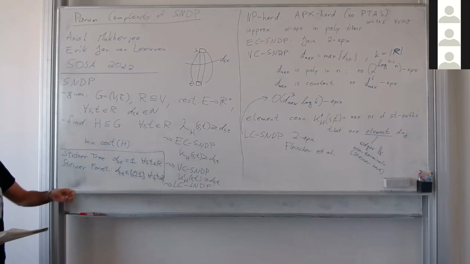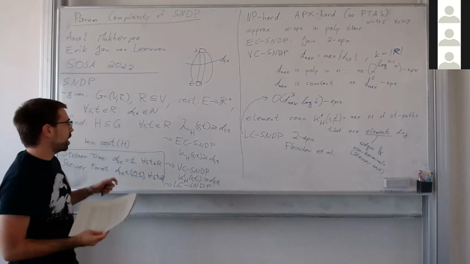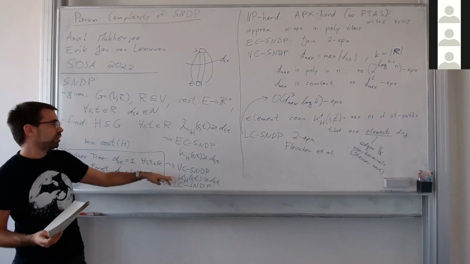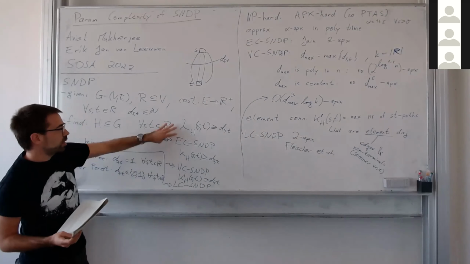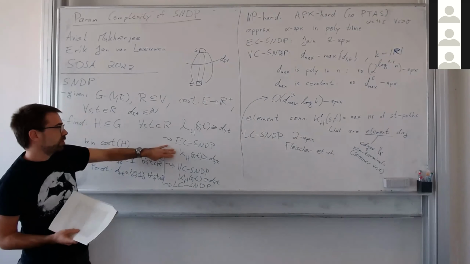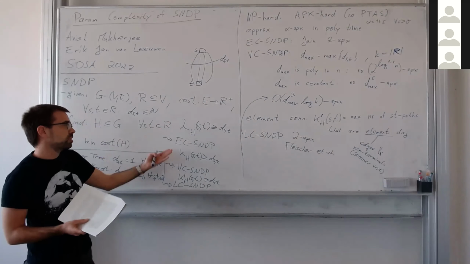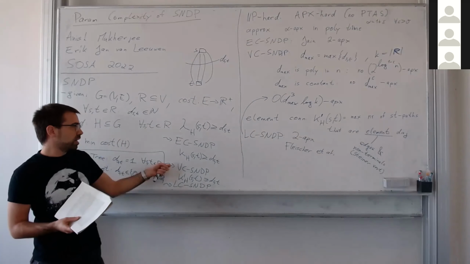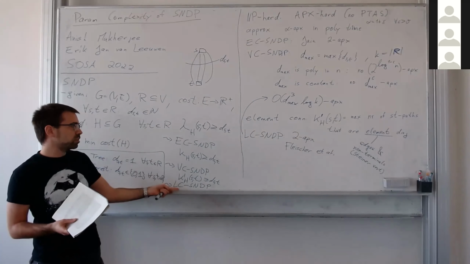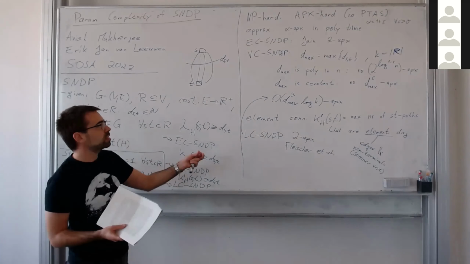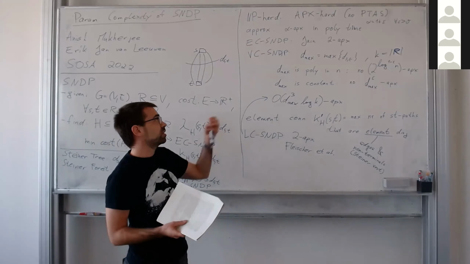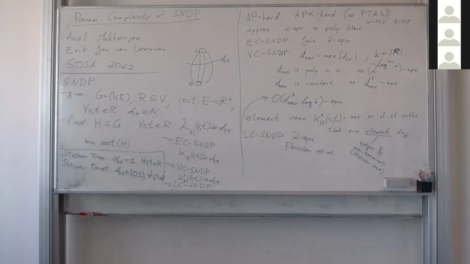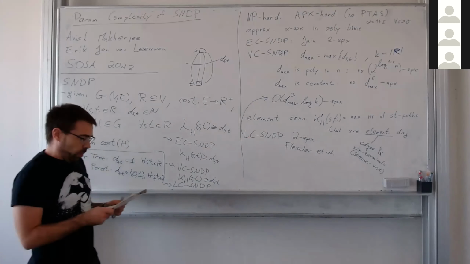But in any case, while edge connectivity and vertex connectivity are very natural variants, because we know what edge connectivity and vertex connectivity are, there is also this in-between thing, which is element connectivity, and it's important. It has also been studied a lot because of connections to other things.